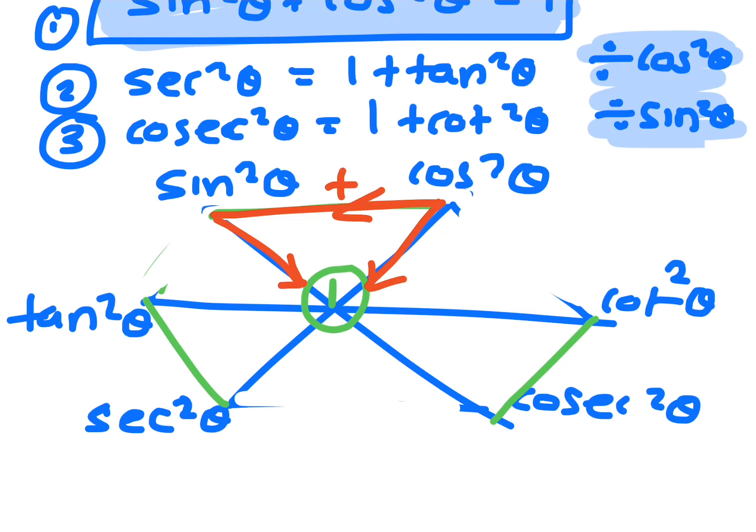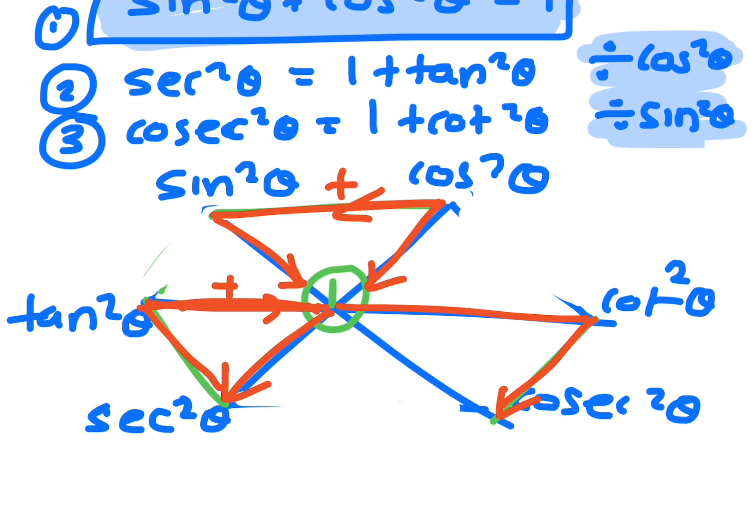Going down is like the positive direction. So tan squared, that's the positive direction. Sine squared plus 1 equals sec squared. And 1 plus tan squared is sec squared. So 1 plus cot squared is cosec squared.